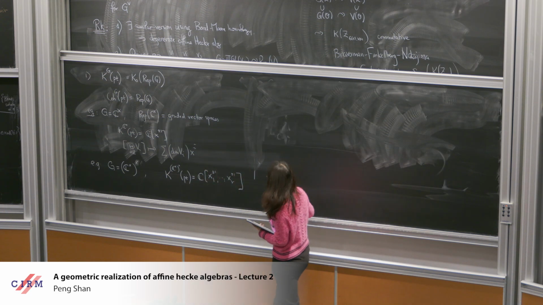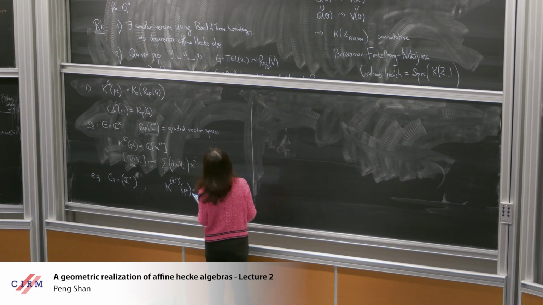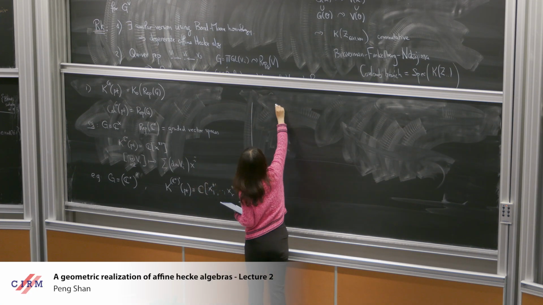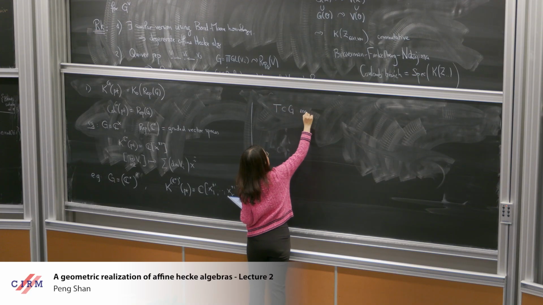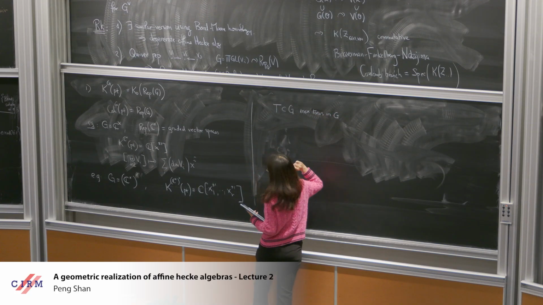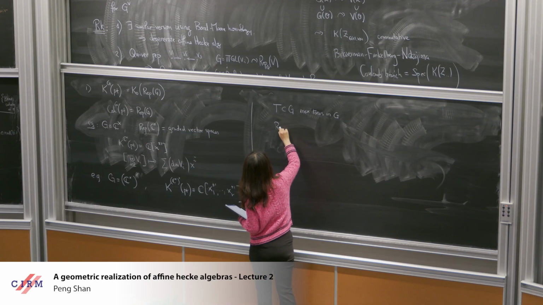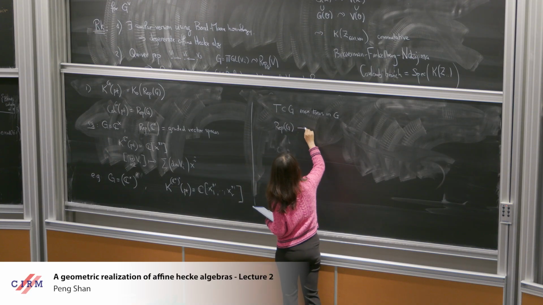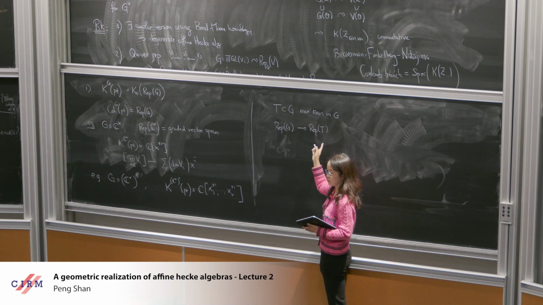And now, if we fix T as the maximal torus in G, and we're considering complex representations of G, you know that for a representation of G, it's enough to determine its character. In other words, it's enough to remember how it is as a T-module.